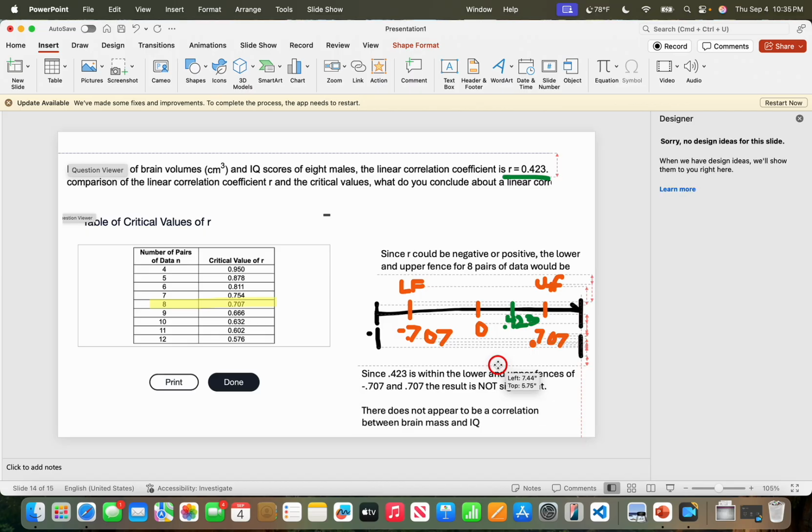Great. And we just answered it. All right, so because we were within the fence, we do not have a significant result. If I don't have a significant result, then that means I can't conclude there's a correlation.